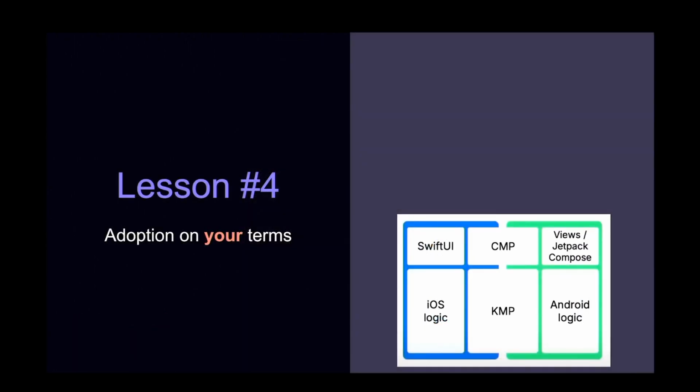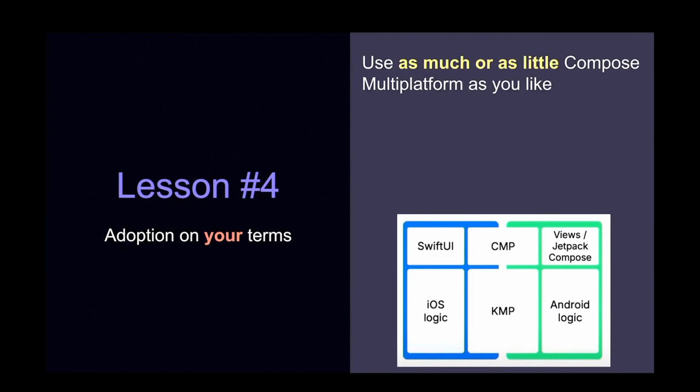So that's one of the next lessons: the adoption can be on your terms. You can mix and match Compose Multiplatform and Kotlin Multiplatform as much as you want. You can have Compose in SwiftUI or vice versa, so you can embed them in each other and then use what makes sense to you.